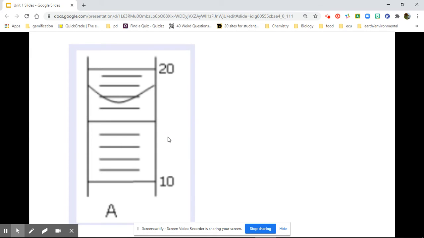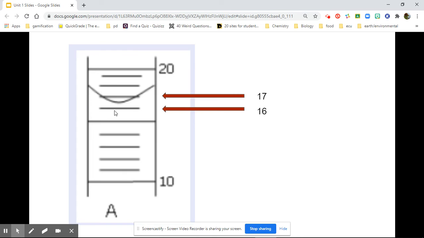So this is that same scale, up closer a little bit. We're going to read where the water level is. First we want to get the two lines that are closest to where our water is. This one you can see here is at 16, again, when we count 11, 12, 13, 14, 15, 16, and the next line is at 17.